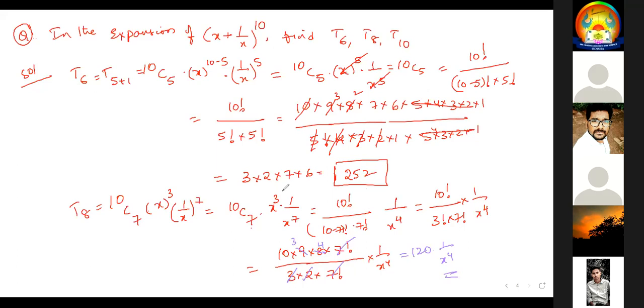Very good, 10 by x power 8, the correct one. Please copy it.